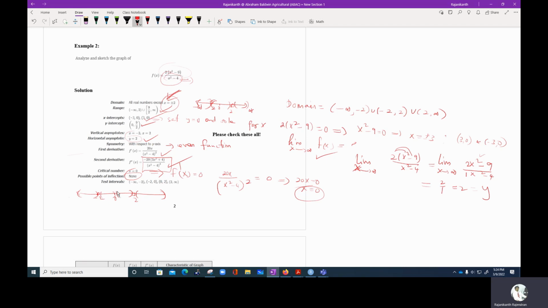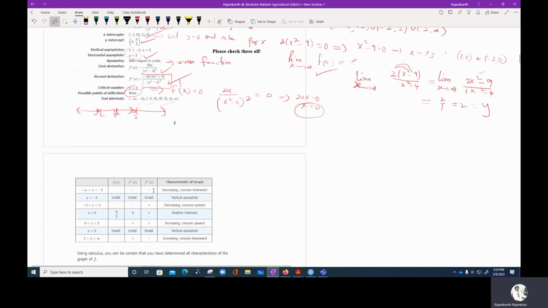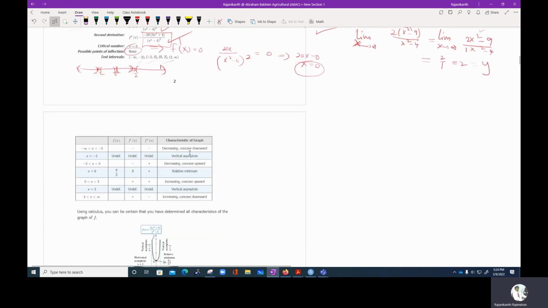So you have to check those two. So that's why you have 1, 2, 3, 4 intervals, right? So now use the test points and find the increasing, decreasing, and all. It is given here. Testing points for each interval.